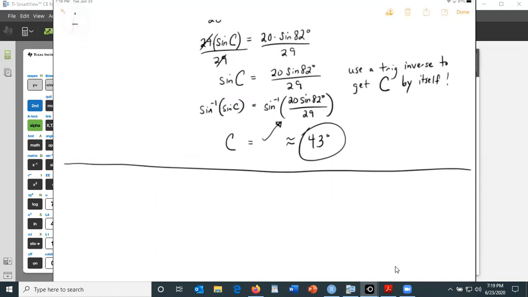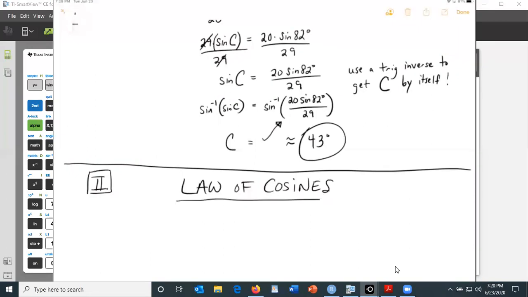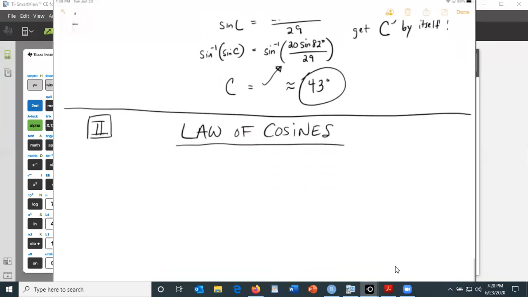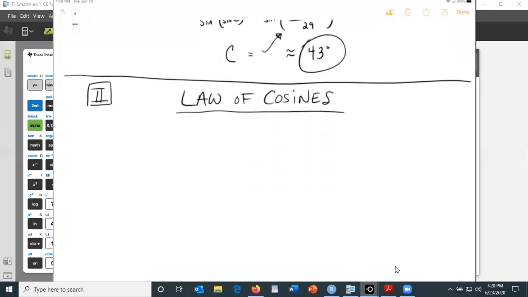So now we're going to continue on to the law of cosines, Roman numeral 2. And just like the law of sines, this will also have 3 parts. All right, 3 parts. All right, so first, here is the definition or the formula.